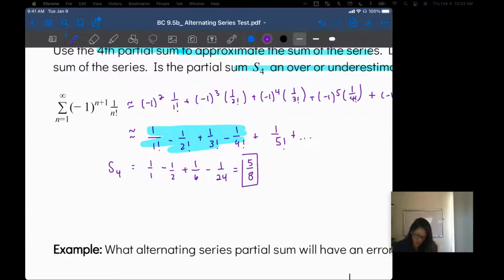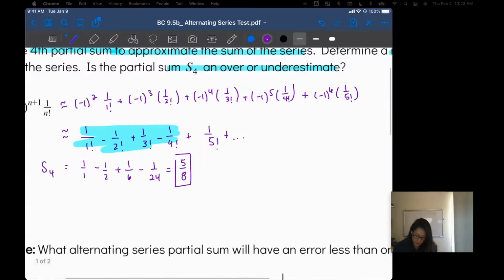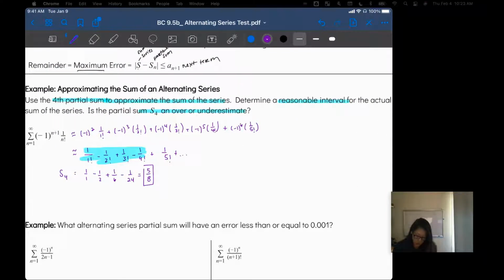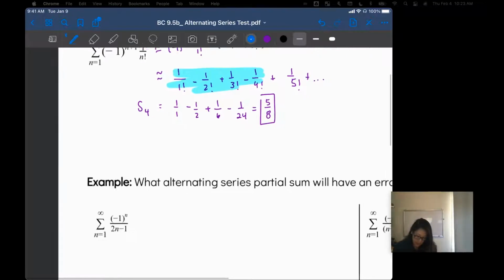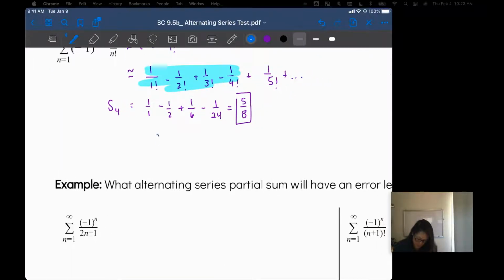Okay. Now, to find the reasonable interval for the actual sum, we take the partial sum, S sub 4, and we know that the sum has to be less than or equal to S sub 4 plus the next term, 1 over 5 factorial, which is 1 over 120, or it has to be greater than or equal to S sub 4 minus the next term.